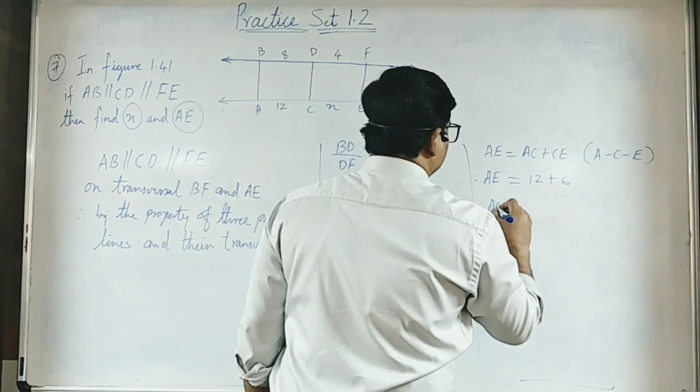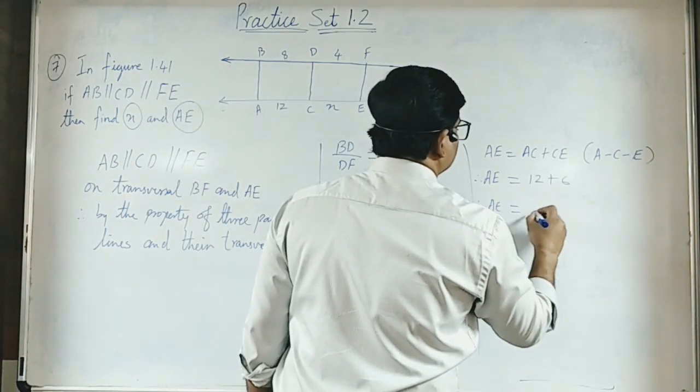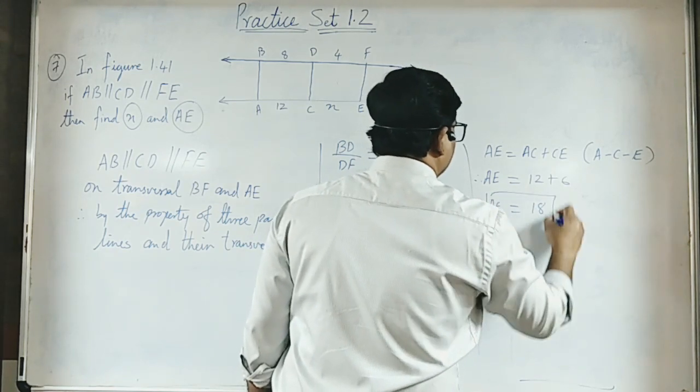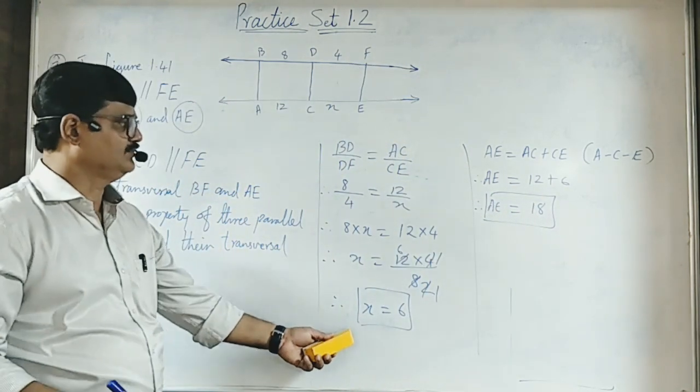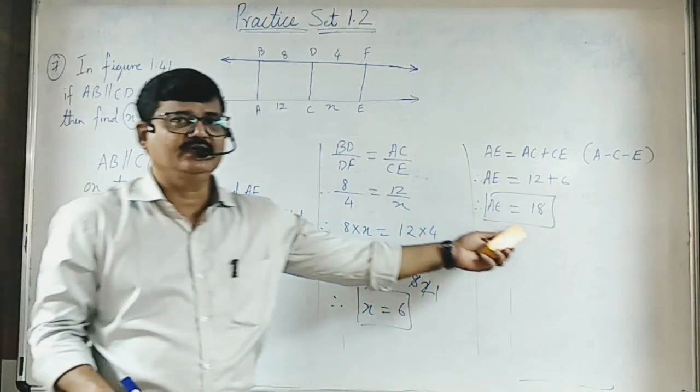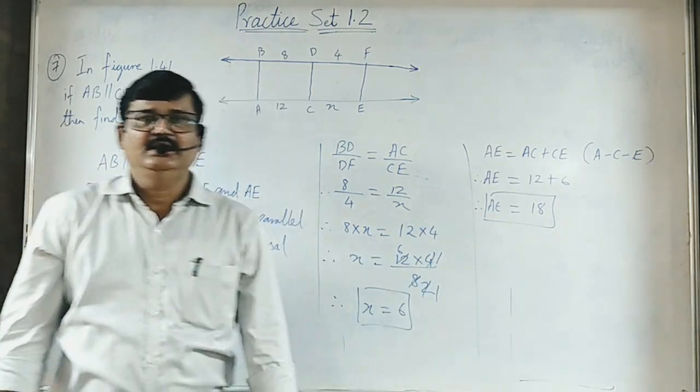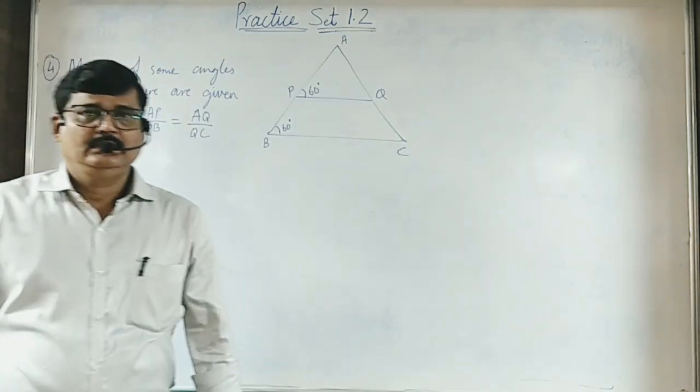So AE's value in this case is 18. So we got the value of X and the value of AE. It's very simple, and that is how the sum is over.